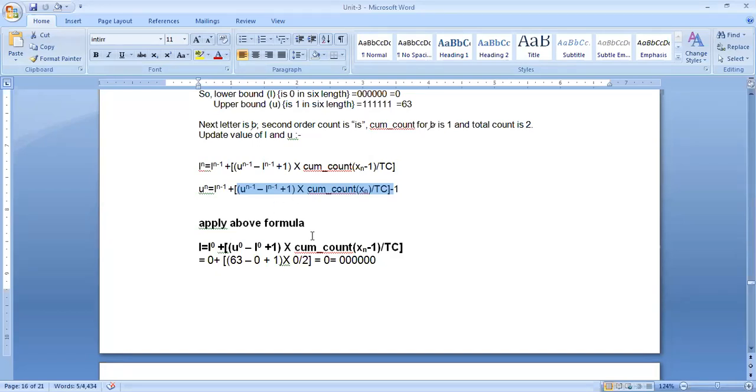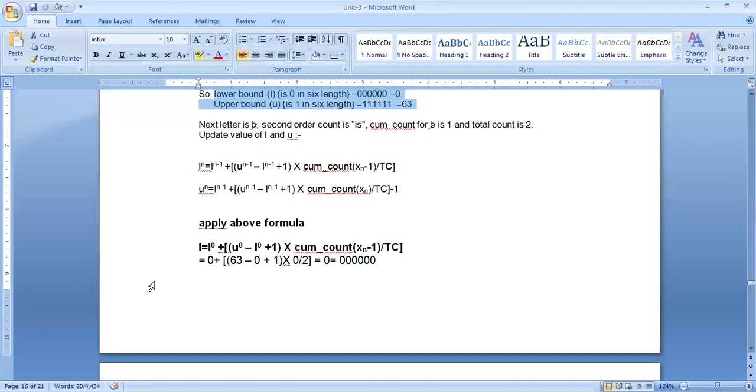Previously we have assumed that lower bound is 0 and upper bound is 1. So the representation of this 0 and 1 in 6-bit format, the decimal value of lower and upper bound, is 0 and 63. So we use this 0 and this 63 to calculate lower and upper bound for the next level.